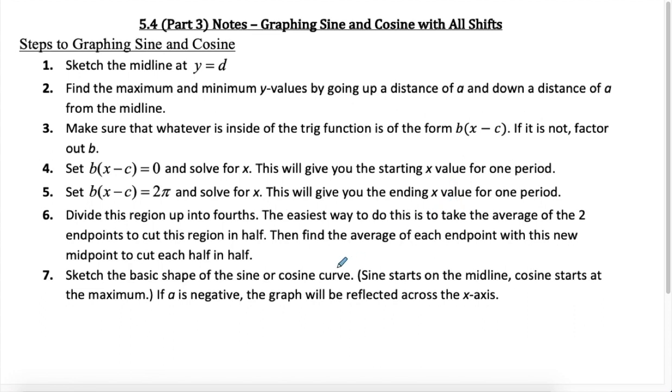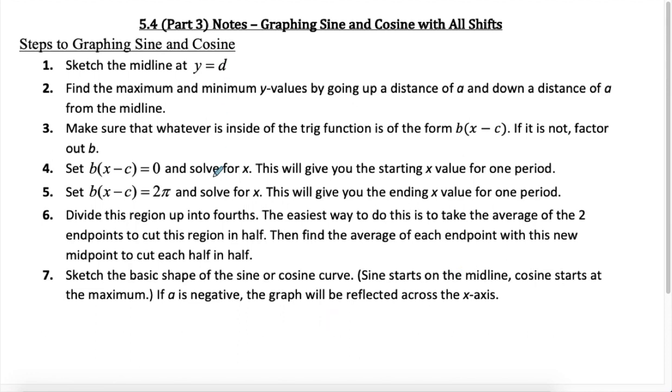Split that region up into fourths. The easiest way to do that is to first find the point that's halfway in between the two endpoints, or take the average of those, and then do the same thing again twice. Then find the average of each endpoint with the midpoint. And then finally sketch the basic shape of sine or cosine. We know sine starts at the midline, cosine starts at the maximum.